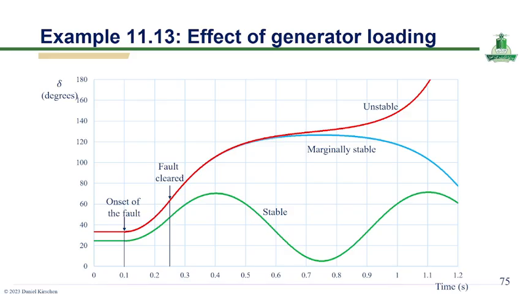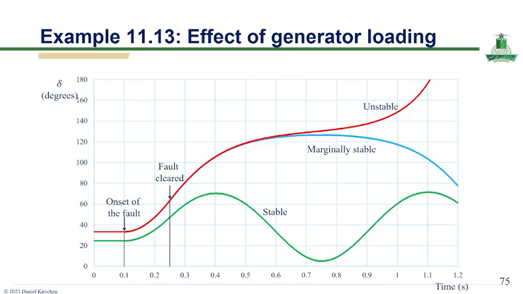When the fault is cleared, the system response depends strongly on the initial loading condition and operating point. The green curve represents the stable case where the rotor angle oscillates but eventually settles, indicating that the generator successfully regains synchronism.